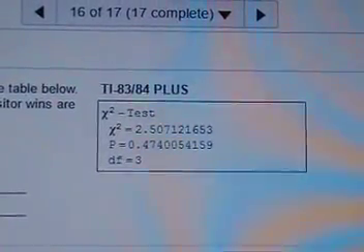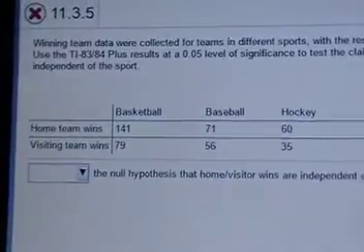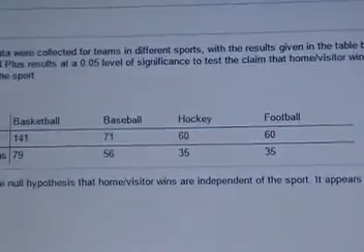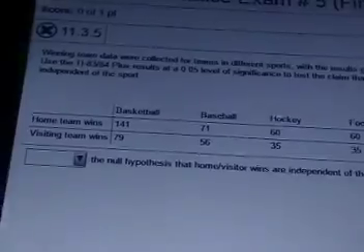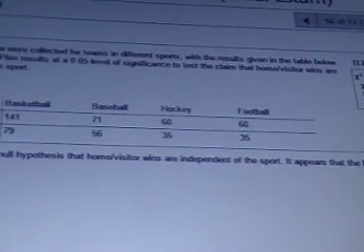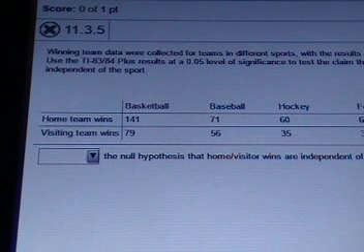It's kind of like a z or a t-score. We have the home team and the visiting team, and then there's different sports: basketball, baseball, hockey, and football. So the question is, in chi-square tests, are these two different categories independent of each other or not? Does the sport you play affect how well home field advantage is?